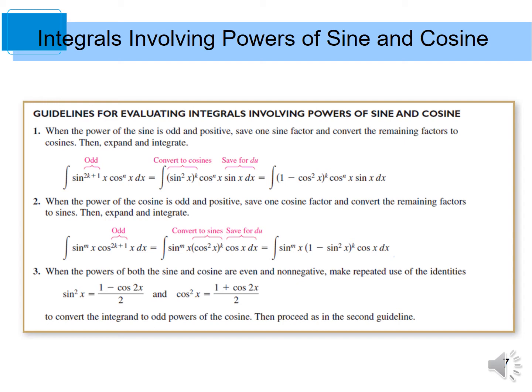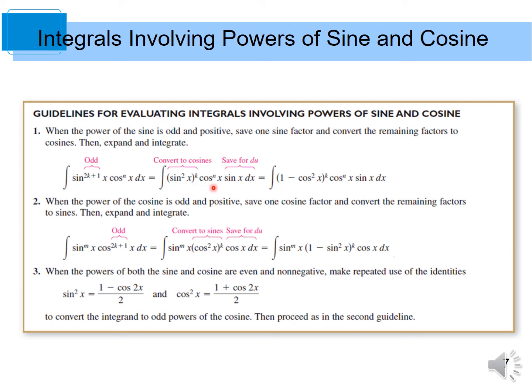There are some guidelines to solve the first objective. First, when the power of the sine is odd and positive, save one sine factor and convert the remaining factors to cosine. Look at this step.